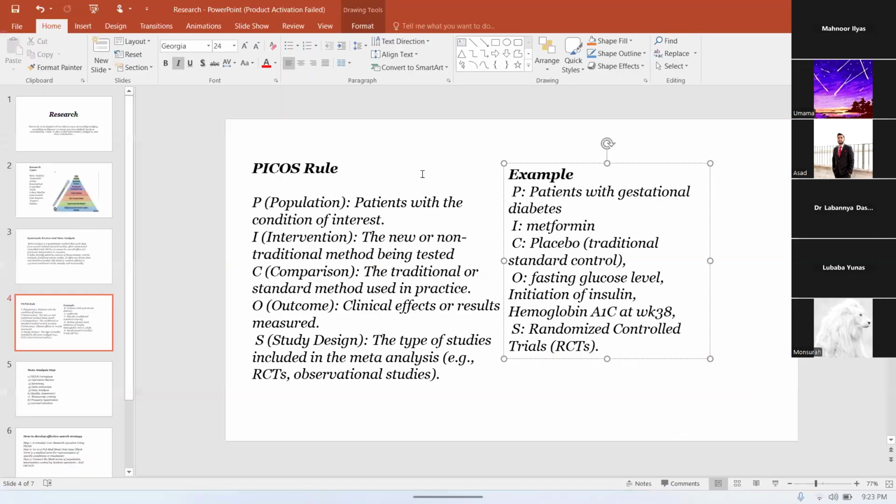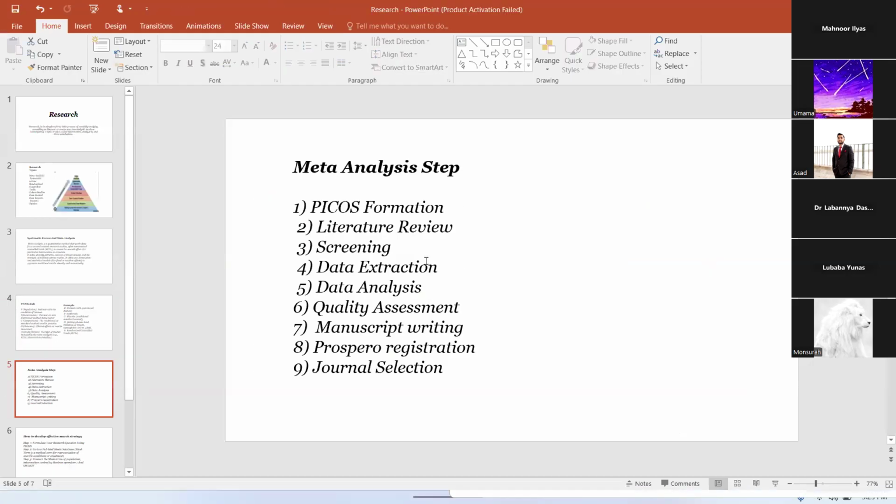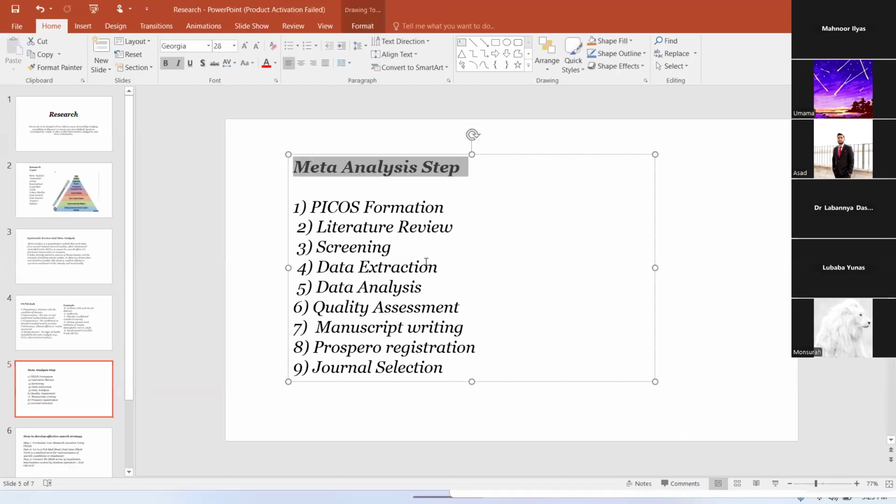Okay, so what are the basic steps of meta-analysis? First of all, in meta-analysis, we have PICOS formation, which I told you before. Before you do a meta-analysis, I'll tell you how to select a topic, but once you select the topic, the first step is your PICOS formation.